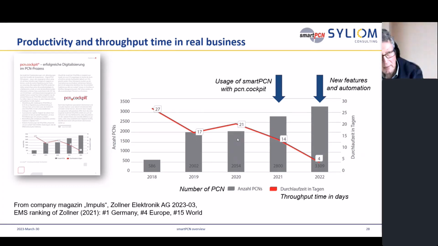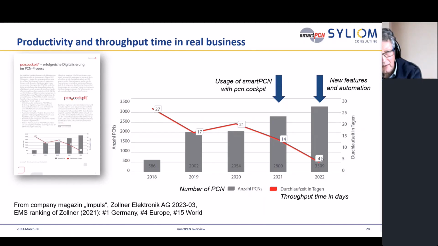Then, maybe the PCNs had been much bigger, it increased to 21 days. And then they started to use smartPCN with the PCN Cockpit, forwarding all the PCNs to PCN Global and receiving them in one system in a digital format. And immediately it gave them a benefit of 14 days, but for much more, for 2,800 PCNs.